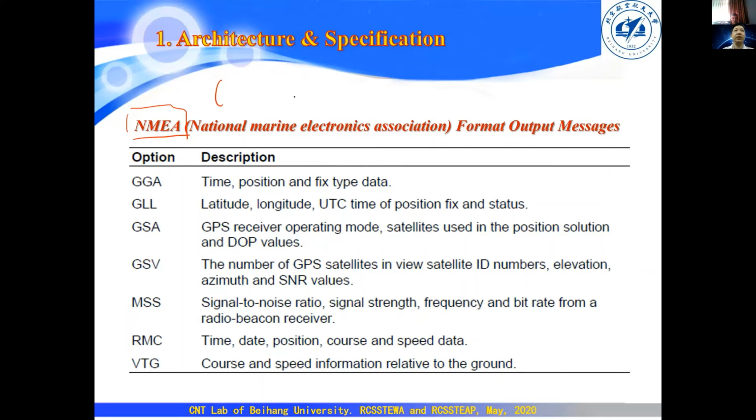For example, GLL will tell you the latitude, the longitude, and the time. And RMC will tell you position and speed, and so on. They just use text to give you an output of the result.